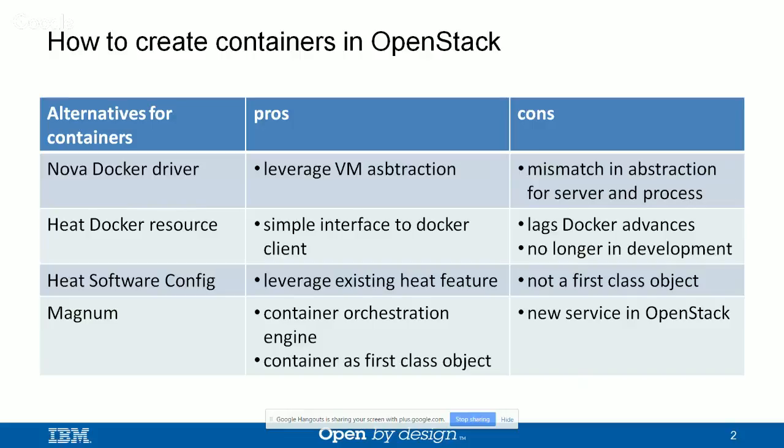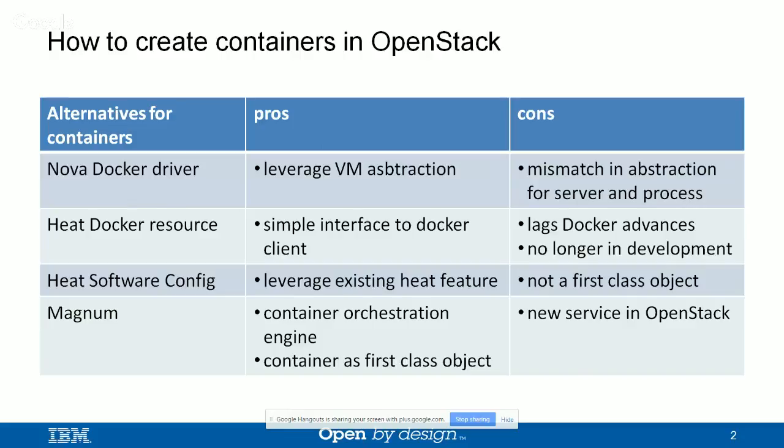The second method is a Heat Docker resource. This is a resource in Heat that you can create, and it will interface to an existing Docker client so that you can create containers and so on. Third, there's a Heat software config that lets you create containers that look like a software config.